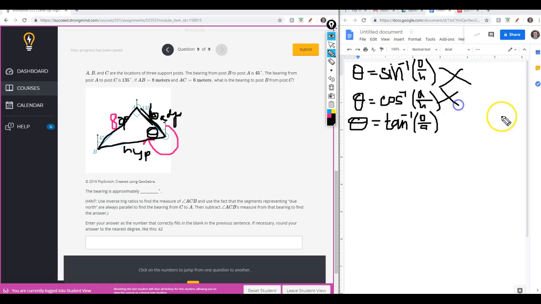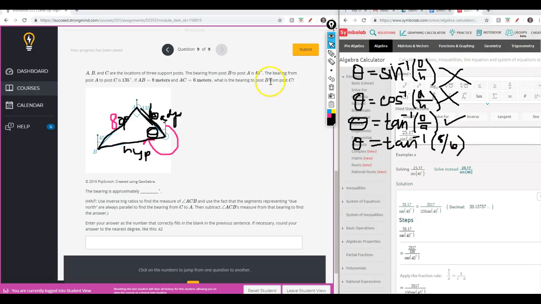So again, it only has the adjacent side length. I'm not using that one. This one is opposite divided by adjacent. Has both the side lengths that I have. So I'm going to use my angle is going to equal tangent inverse of 8 divided by 6.